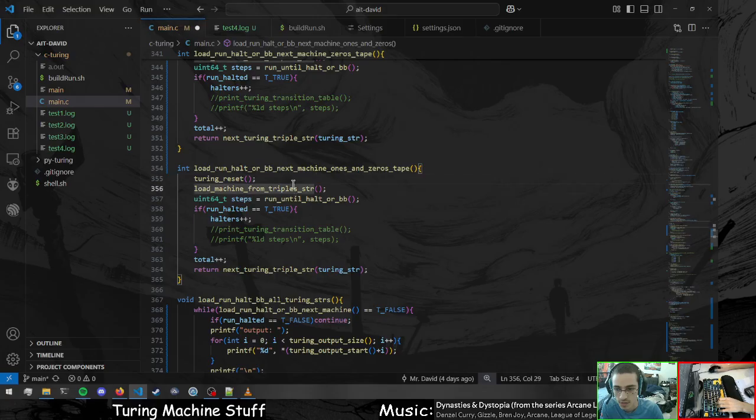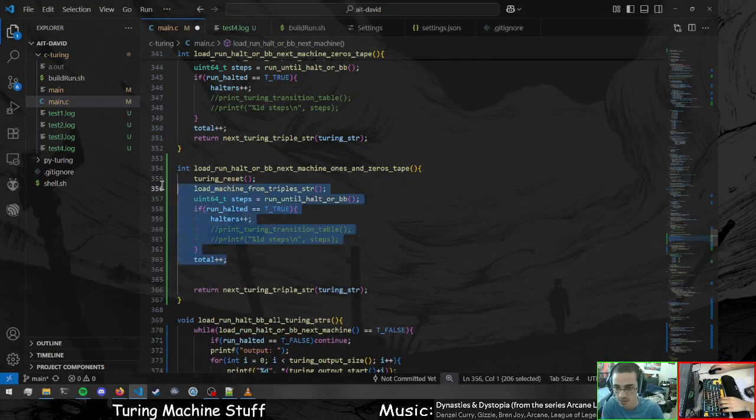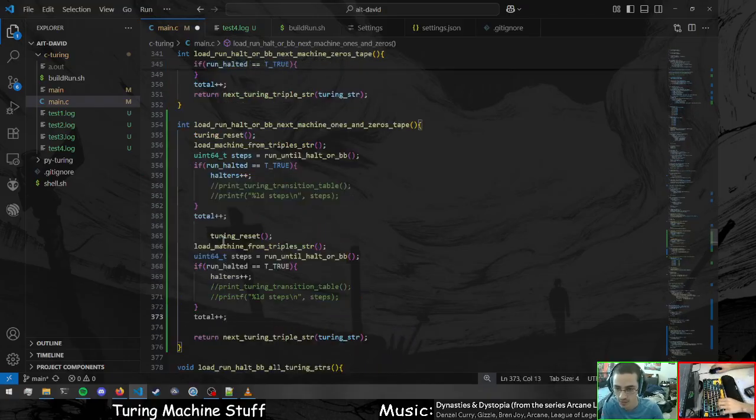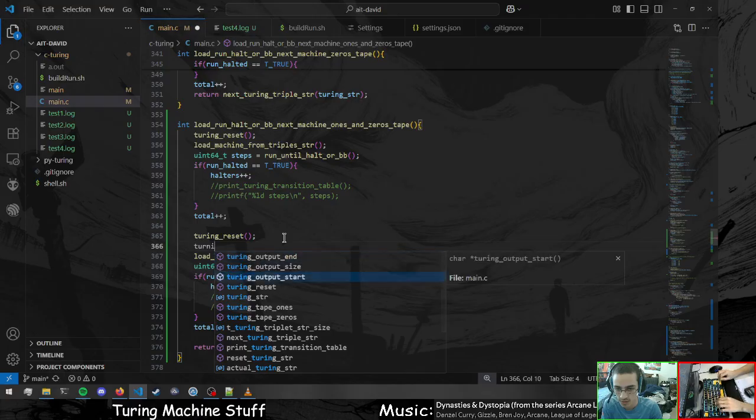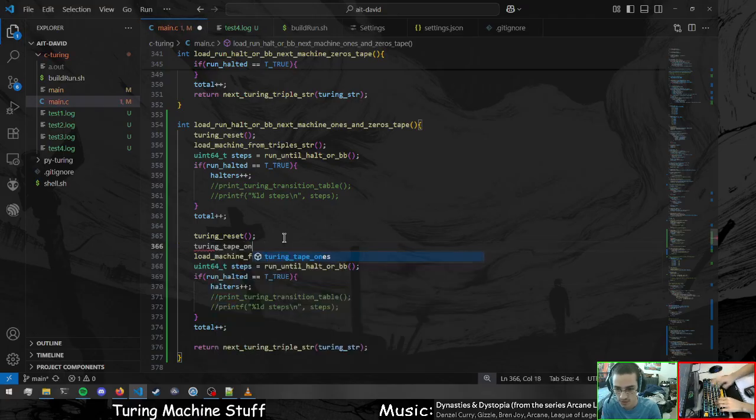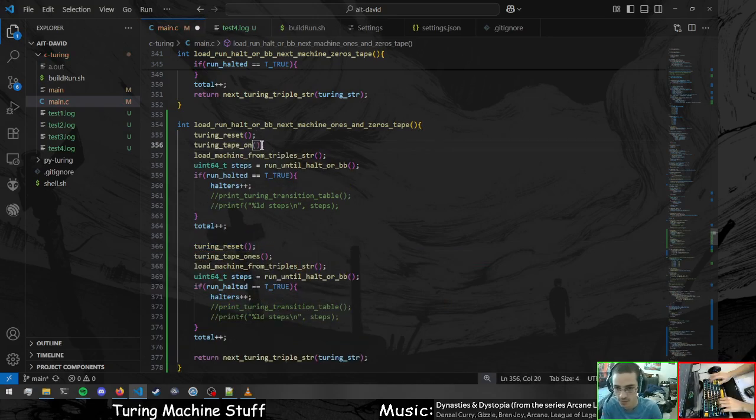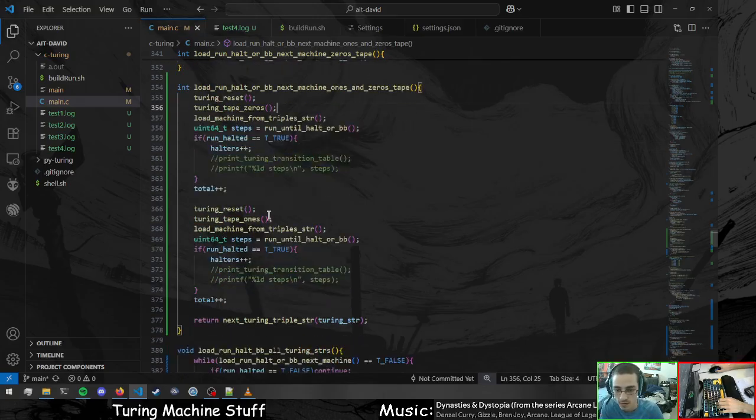And to do that, I'm going to do this, and then I'm just going to do it again. But here I'll say Turing tape ones. And just for completeness, here I'll put Turing tape zeros, even though I don't need to do that. It's already in Turing reset.